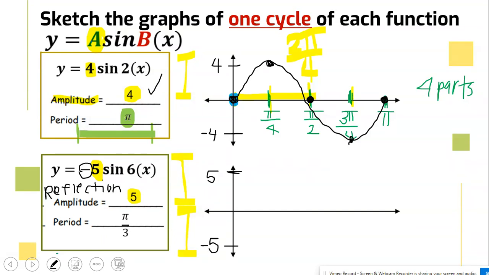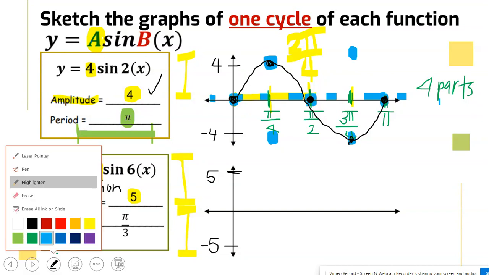It's not going to move. However, if you're going to take this point and reflect it across the x-axis, across this dashed line, that means that point is going to go to the bottom. This point is right at 0, so you can't reflect it. Now at 3 pi over 4, when you take this and reflect it, that means it's going to pop up, and the last point is going to stay.